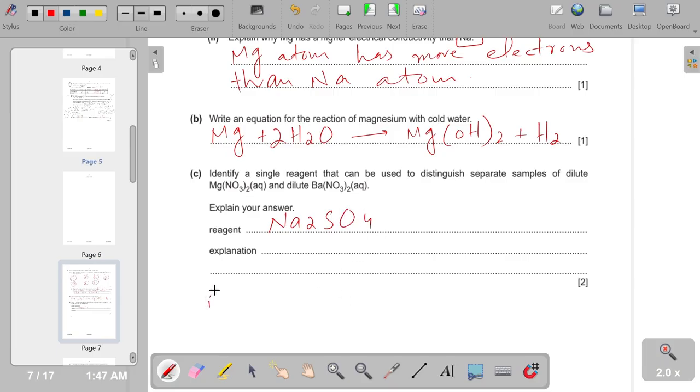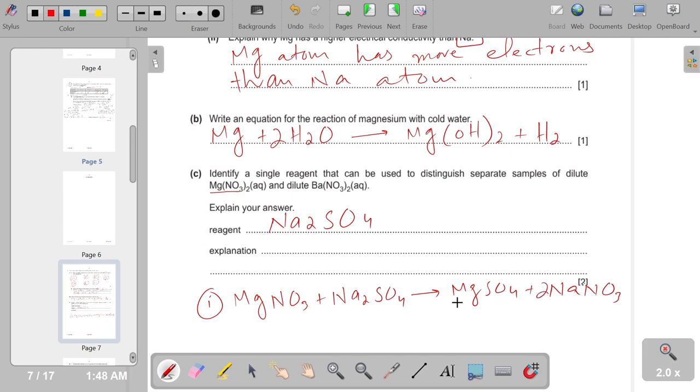For example, if you react sodium sulfate with magnesium nitrate, you will get magnesium sulfate plus sodium nitrate, NaNO3. Here there are 2 sodium, so we need to multiply by 2.